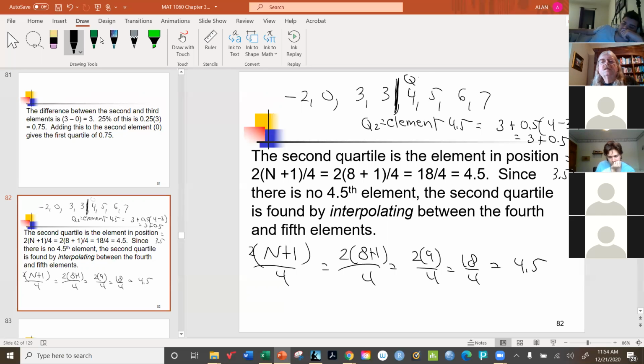So Q2 is 3.5, halfway between these two elements, which you'll recognize is also the median, because with the median, you literally average these two out and you'd still get 3.5. So in that case, you get a break. You can use the median approach, or you can use this index approach with the interpolation.